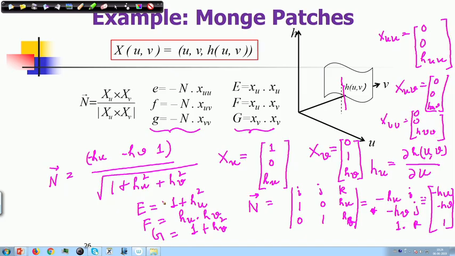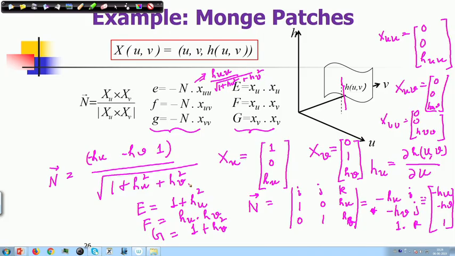So, your value of e should be the dot product of n and x_uu, and only the z component. So, you have h_uu by root over 1 plus h_u squared plus h_v squared.